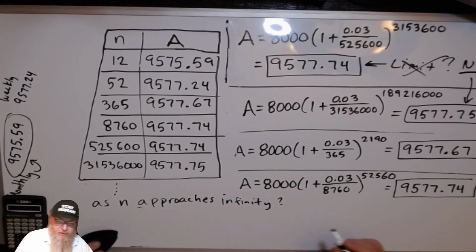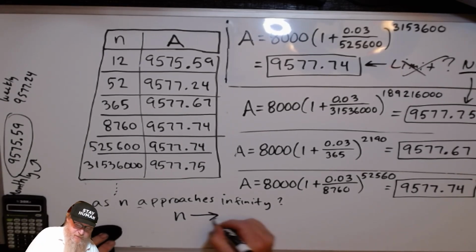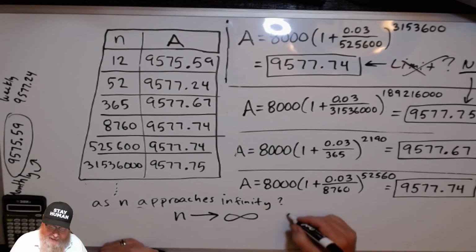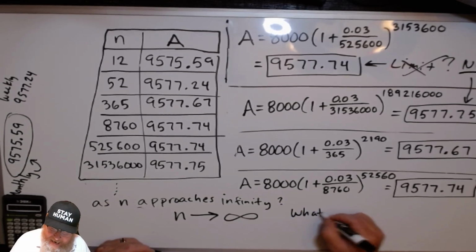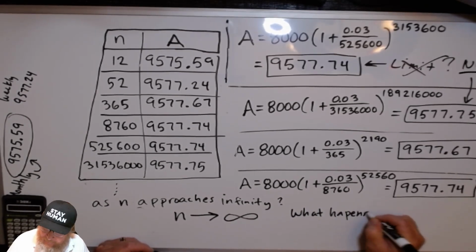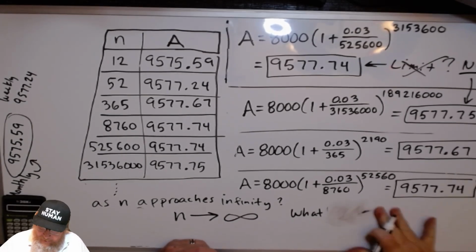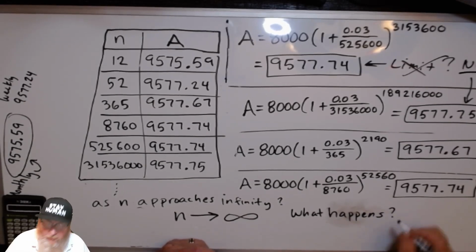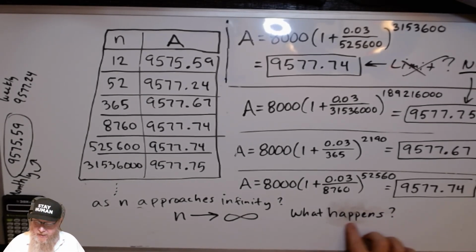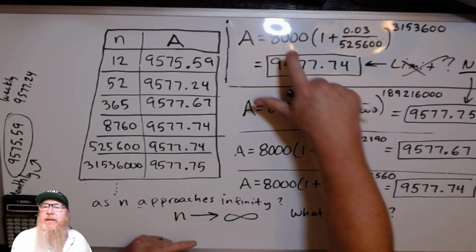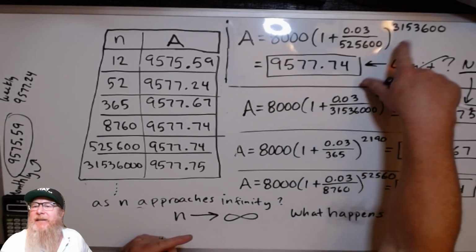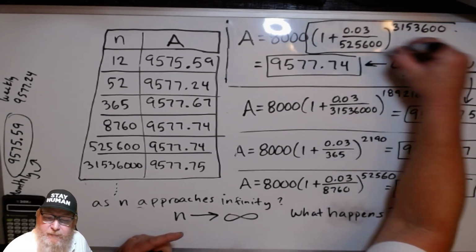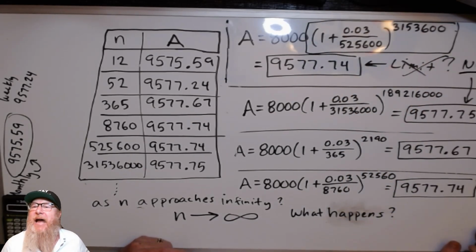So in other words, as n approaches infinity, what happens to a? Although I'm going to do a different problem now because I want to start a new example. So remember, the number that was actually limited was this number here. What happens to that number?